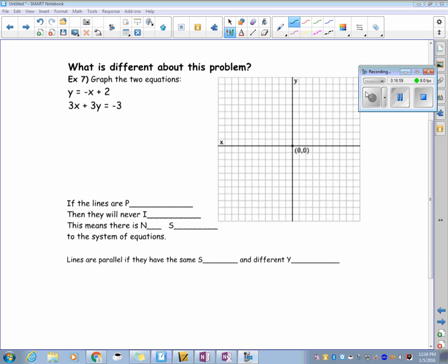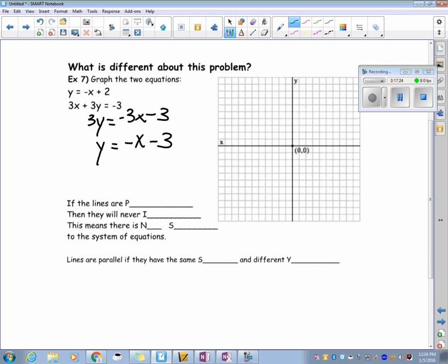Okay, finally, let's try this one. 3y equals negative 3x minus 3. Divide everything by 3. y equals negative x minus 3. So these two are going to be parallel.